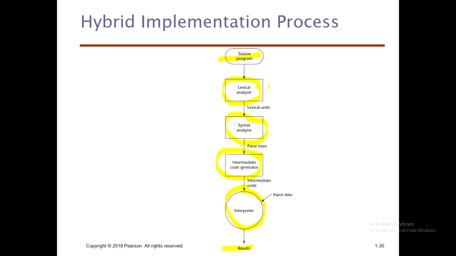So this is a hybrid program. It also has 4 different phases: lexical analyzer, syntax analyzer, and then intermediate code, and then interpretation, which is almost similar to pure compilation, but it is 3 steps of this compilation plus the interpreter program itself.